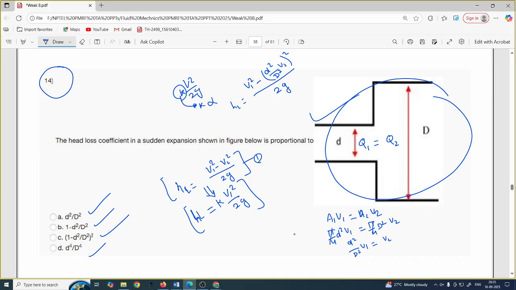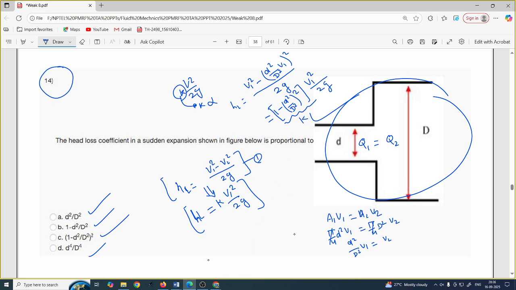Now I want to take v square common. Once you take the common, 1 minus d square divided by D square. So v1 square I have taken from here and also from here, and 2g is here, and this final expression will be the k.